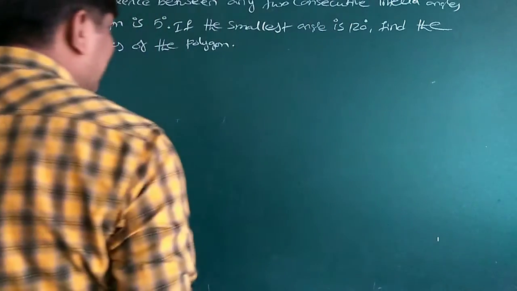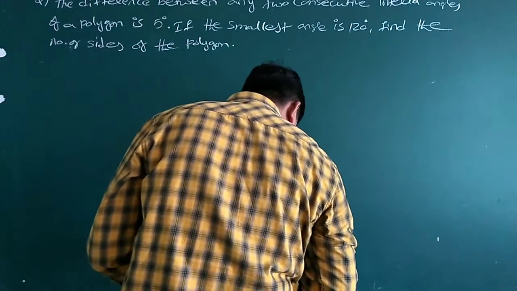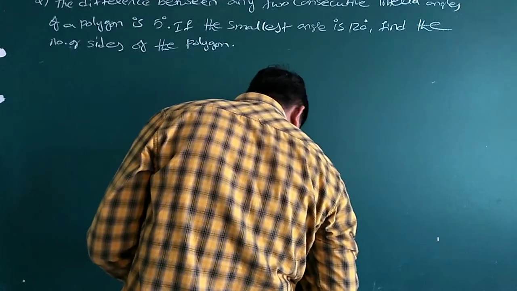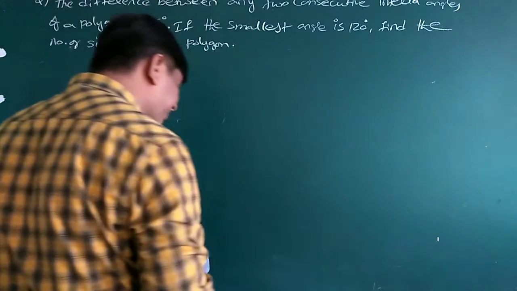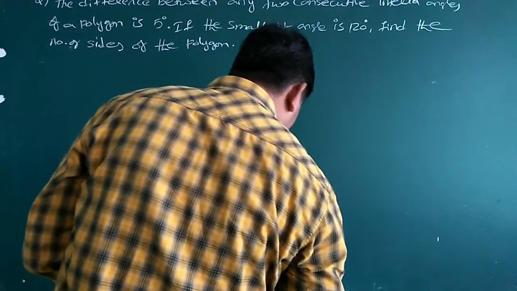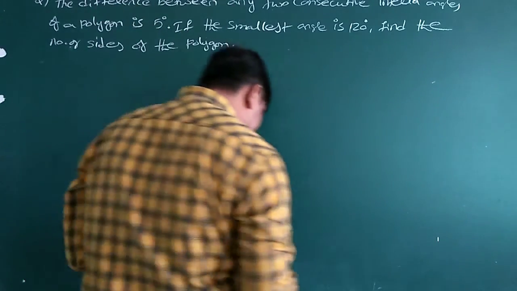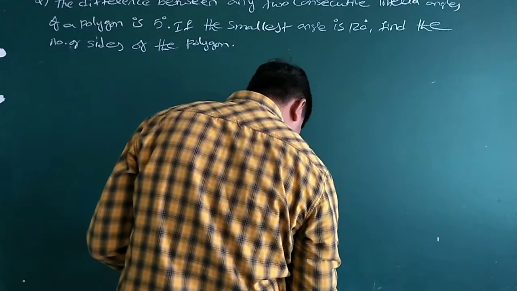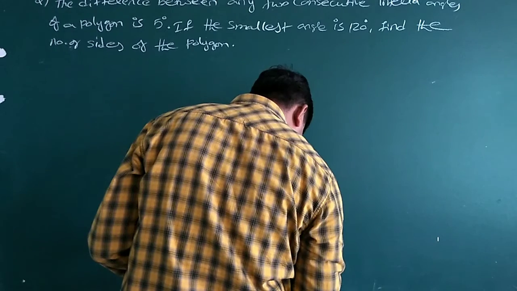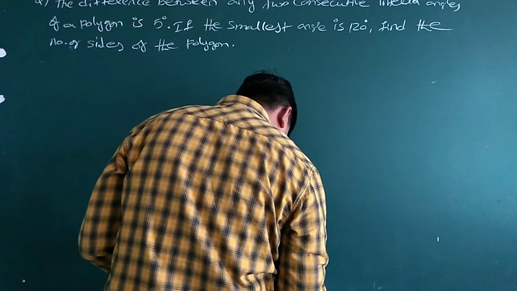The smallest angle is 120 degrees, they gave. Now what do we have to find out? The number of sides. Once again, check the question: the difference between any two consecutive interior angles of a polygon is 5 degrees.